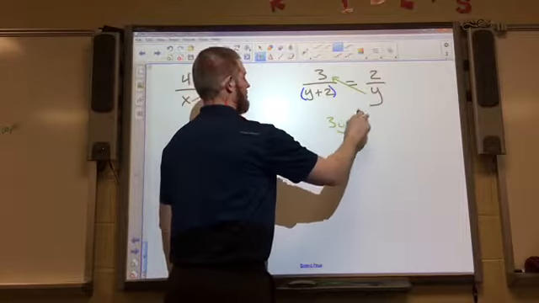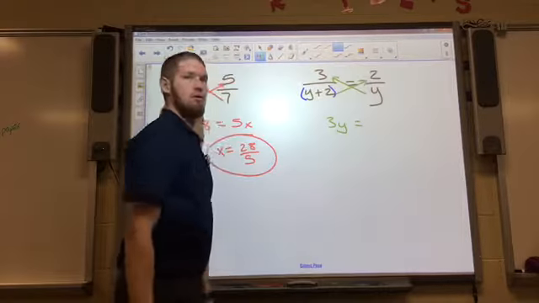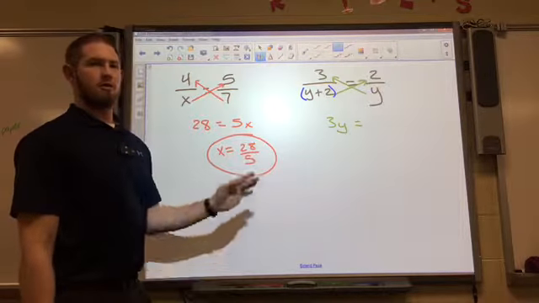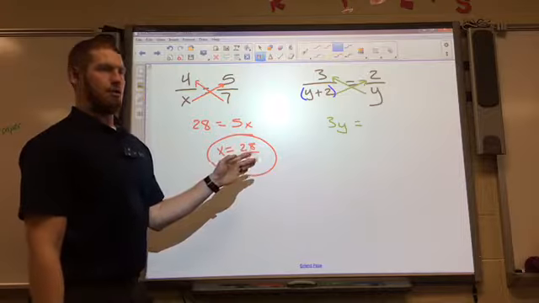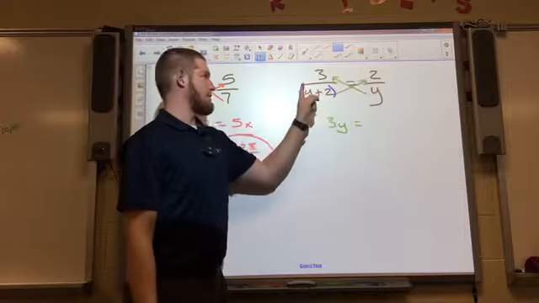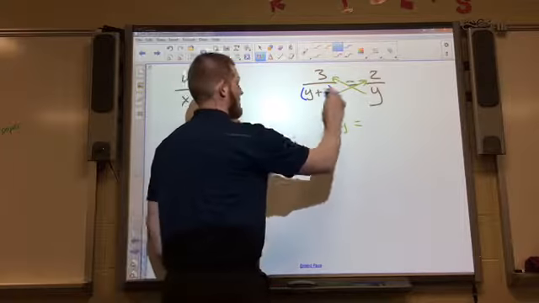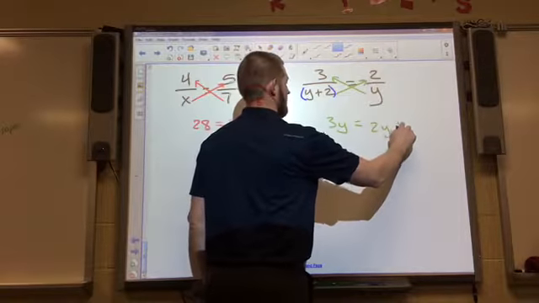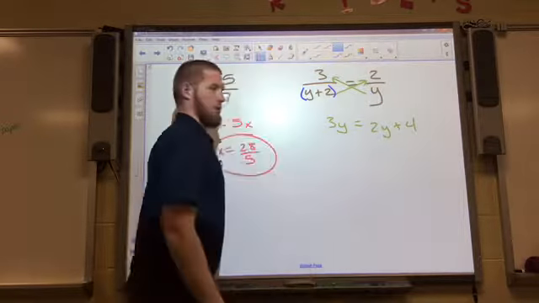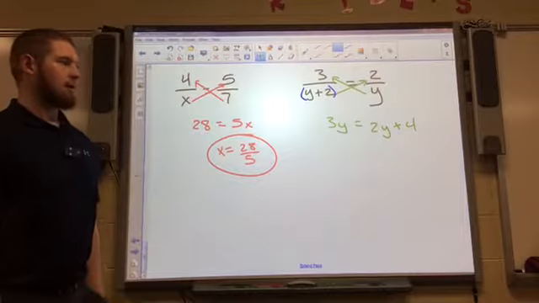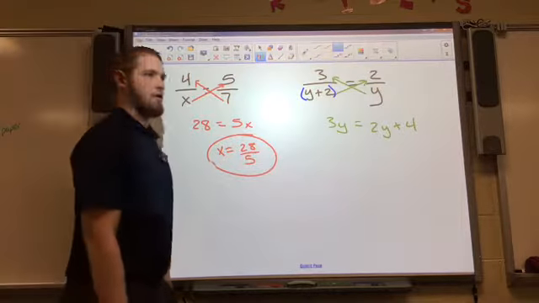3y, good. But what do I get here? Don't just give me y plus 4, because that 2 needs to multiply times the y and times the 2. So it's just like Carson and McKenna said, it's 2y plus 4. And then Vincent, to solve this, I do what?